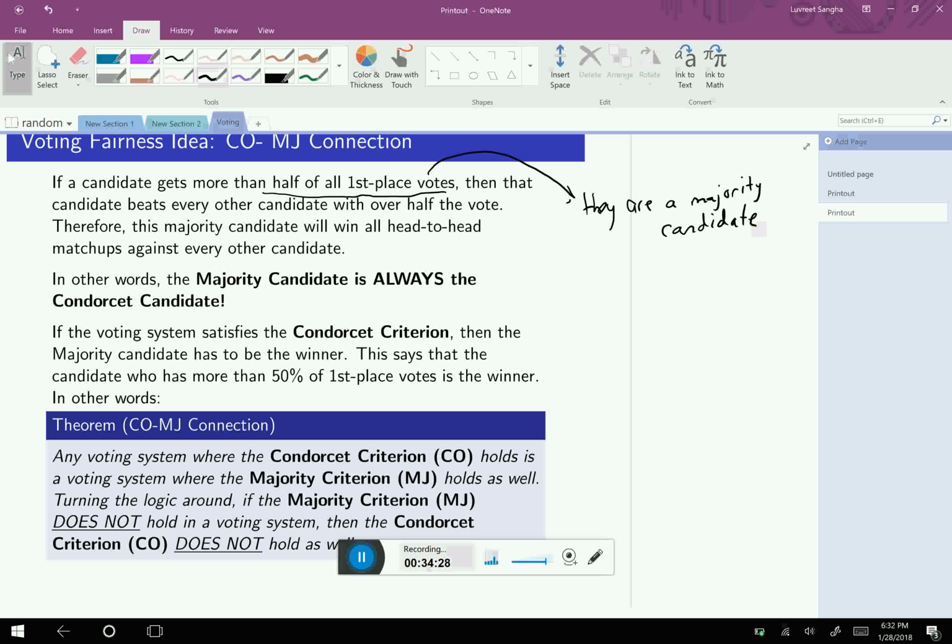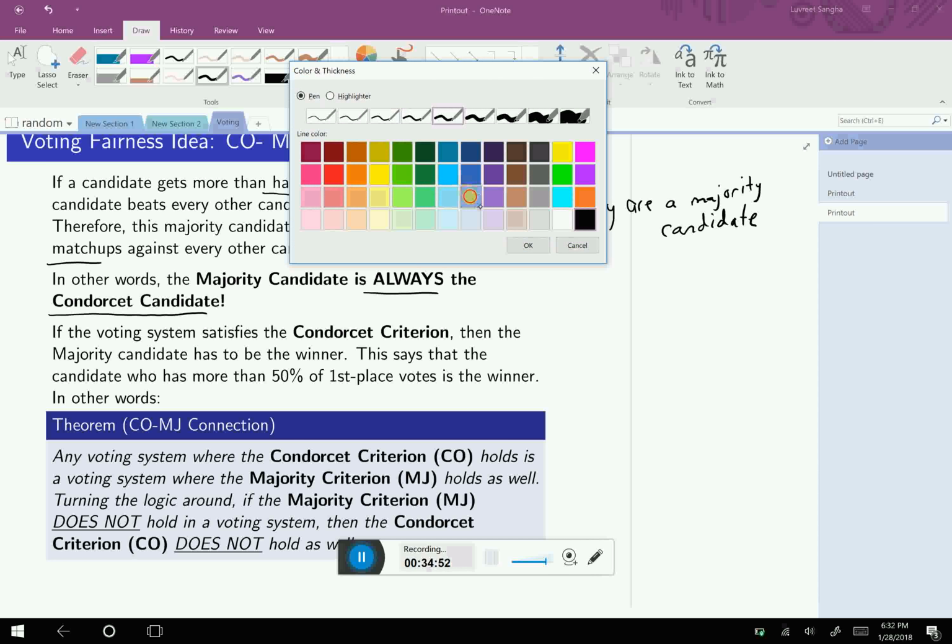So there's no way anybody else could have more than them. So because of that, anytime there's a majority candidate, they win all their head-to-head matchups. That means they're guaranteed to always be a Condorcet candidate. So a majority candidate is always a Condorcet candidate.